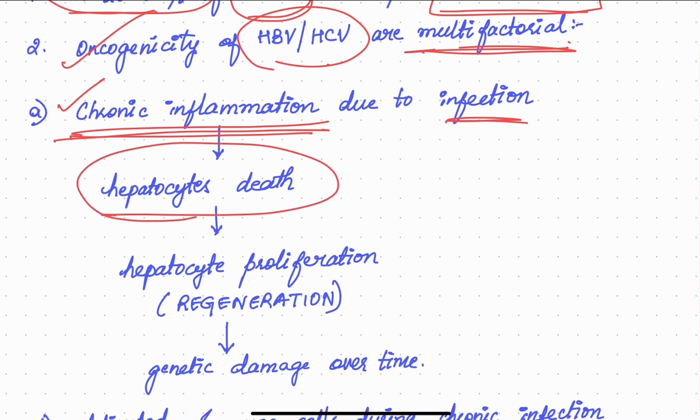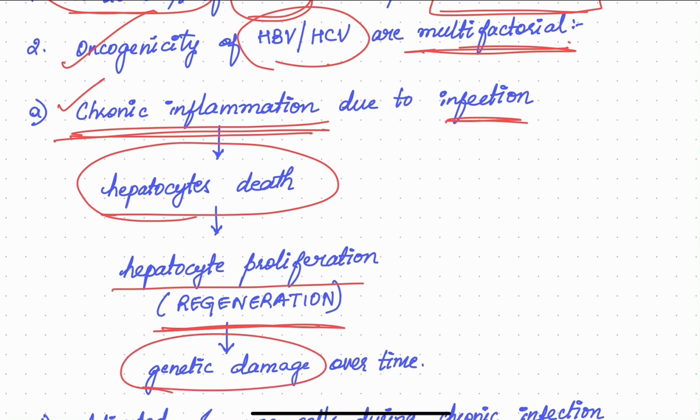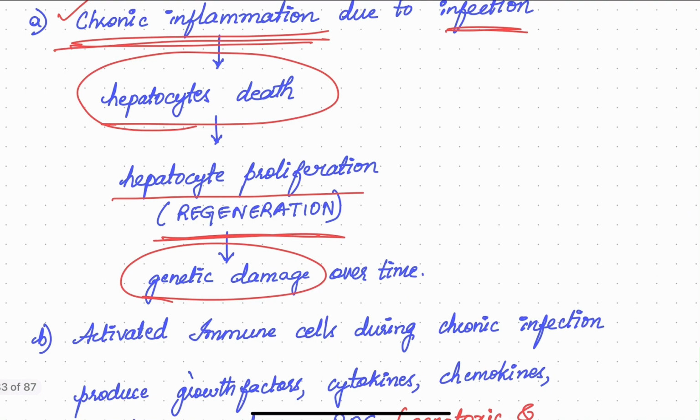To compensate for the loss of hepatocytes, there will be a regenerative process. So there's hepatocyte proliferation. The hepatocytes grow in an uncontrolled way. With time, they incur genetic damage. These genetically damaged cells grow without any inhibitions. They ultimately lead to HCC.